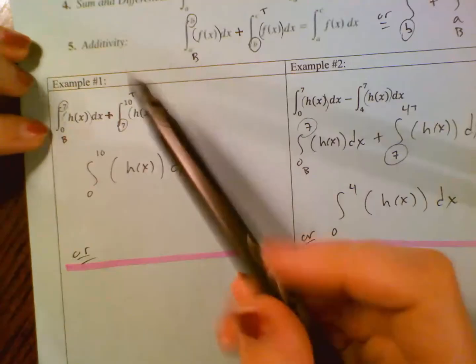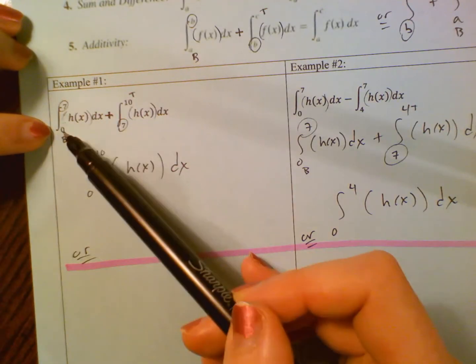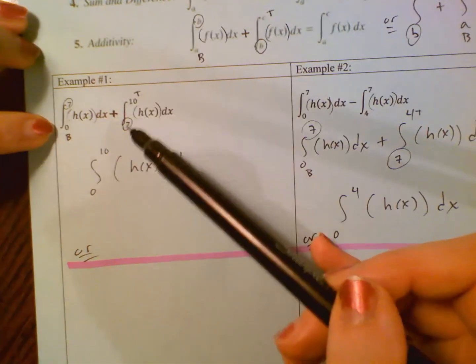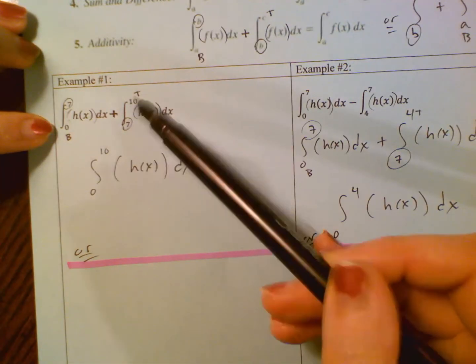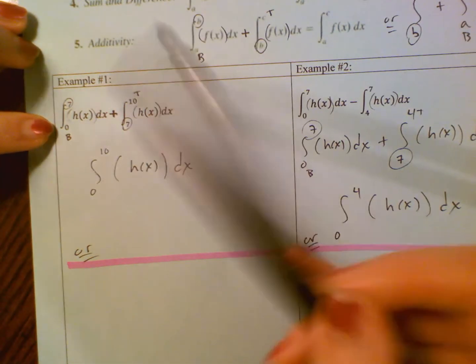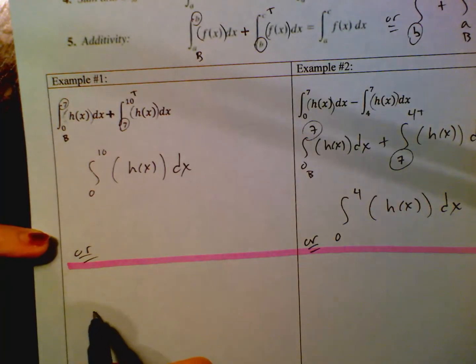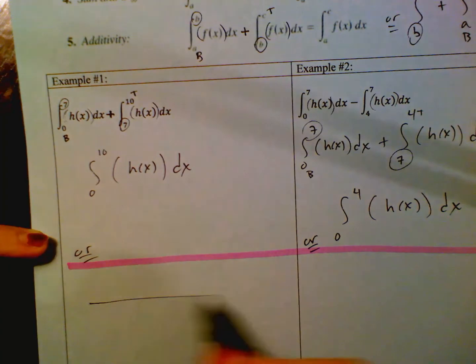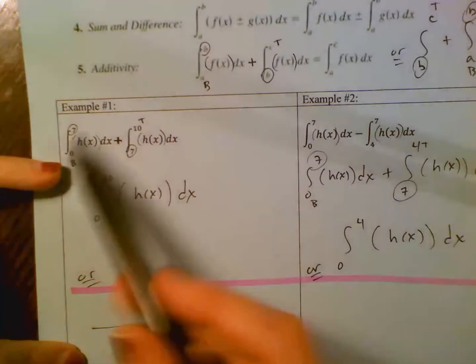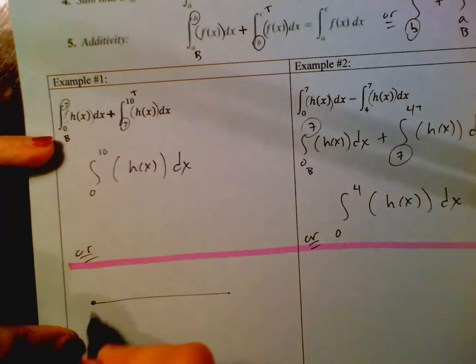So guys, this means the area under the curve over the interval 0 to 7. This means the area under the curve over the interval 7 to 10. And these intervals are intervals on the x-axis. So if you just do a number line and put the endpoints on it, we've got 0, 7, and 10.